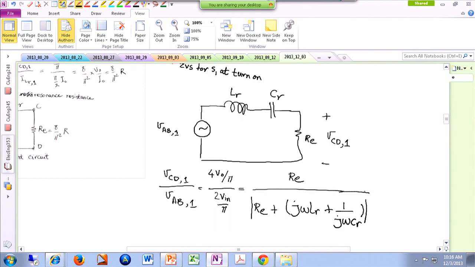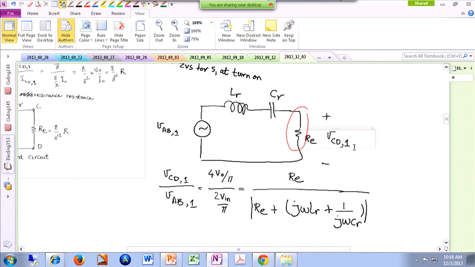All right. So what I did is just say, okay, look at this impedance, which is just a resistor, then divided by the entire impedance in the loop, which is the resistor plus the impedance of the inductor plus the impedance of the capacitor, and then that's it. That's your basically impedance division.